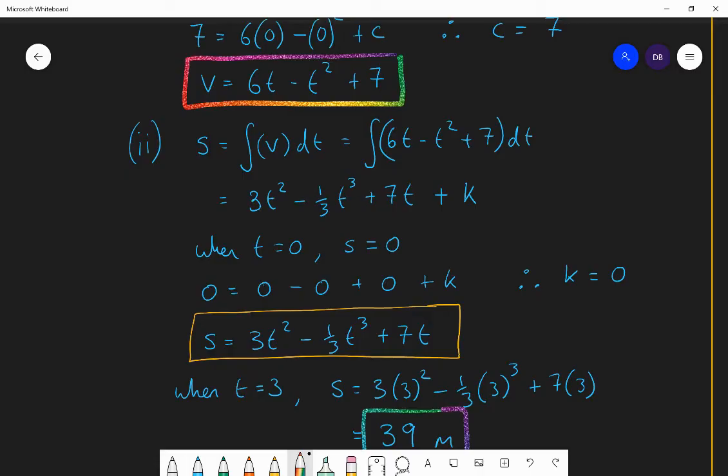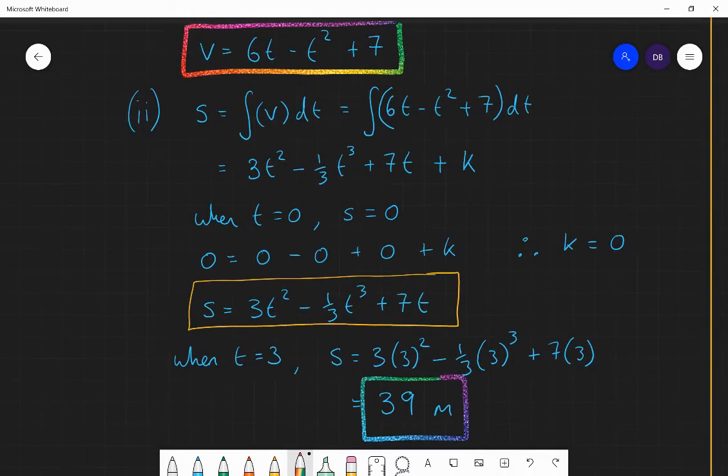And I found the constant of integration and then substituted the value of the time I wanted to get the displacement at that time. Now, just as a little hint, in some questions, the object will not start at the origin.